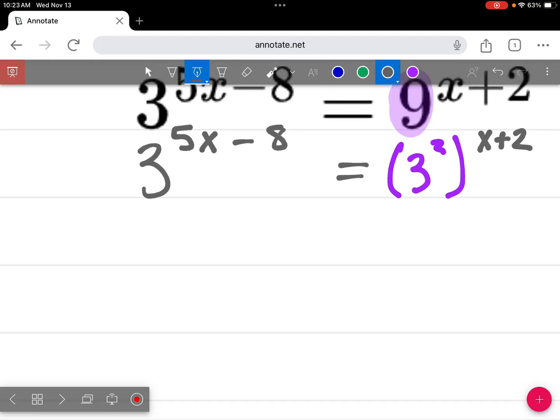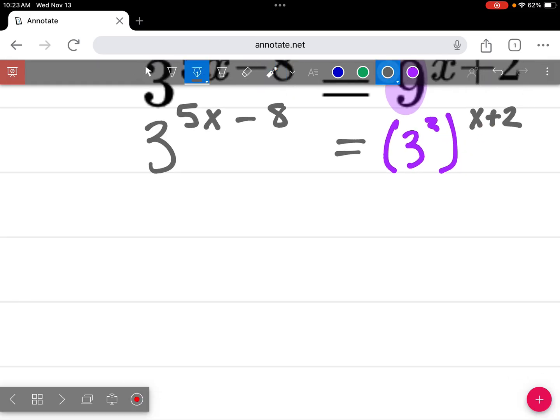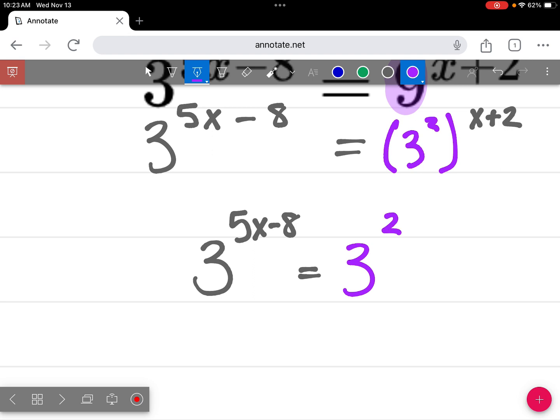So I can rewrite 9 as 3 squared, and we kind of touched on this in the last one, on the is it growth or decay. If I have a power raised to a power, what do I do with those two values? Multiply them. So this is the same thing as, I'm just going to skip lines so I have a little more space, 3 to the 5x minus 8, and 3 to the 2 times x plus 2.